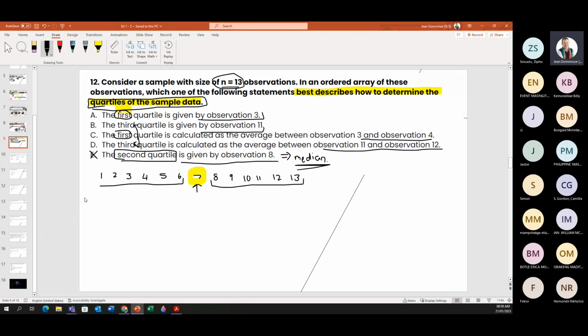To work out Q1, we use the formula that they provide us, n plus 1 divided by 4. N is 13, plus 1, so 14, divided by 4 gives us 3.5.